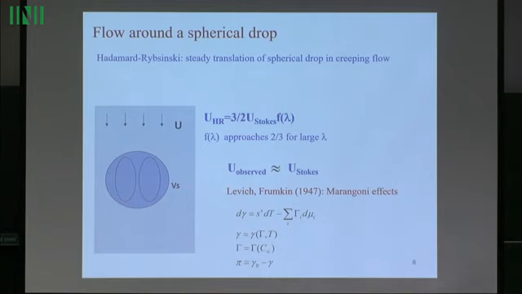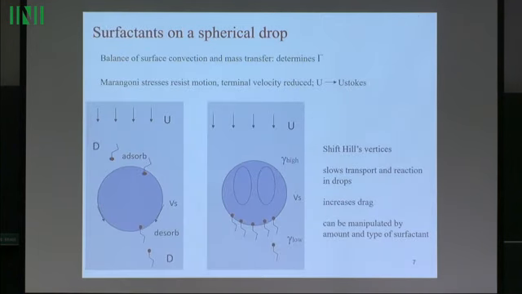And so the idea that they had was, let's suppose molecules are being supplied from solution to this droplet. And so they're adsorbing on the interface, being convected by surface convection, desorbing, and they can diffuse away. If up here we've depleted, we can diffuse toward the interface. If down here we've accumulated, we can diffuse away from the interface.